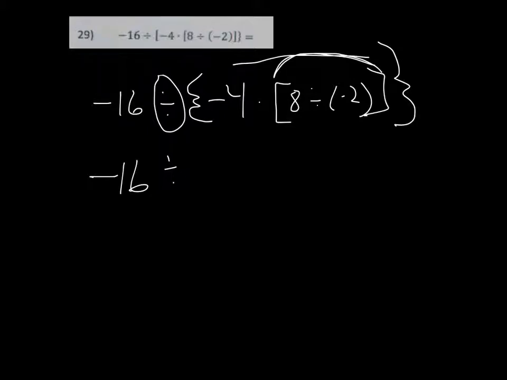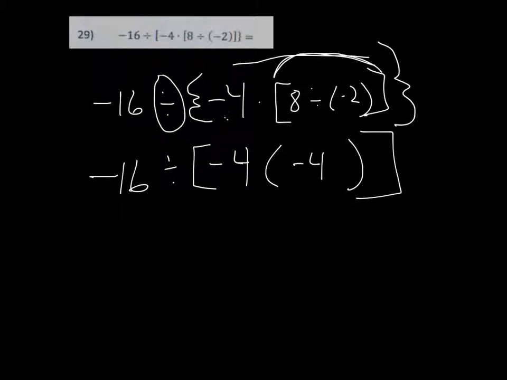And so inside the bracket is 8 divided by negative 2. 8 divided by negative 2 is negative 4. So all I did was bring the negative 4 down, and all I did was solve this part. Okay, already it looks cleaner, doesn't it?